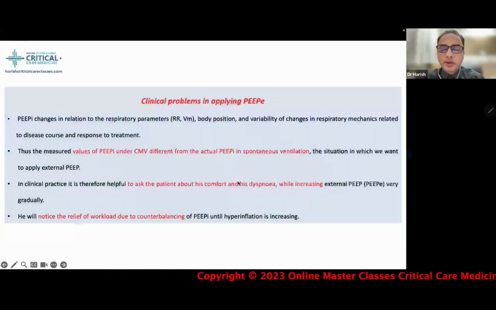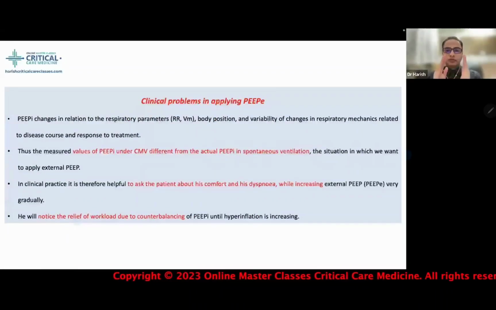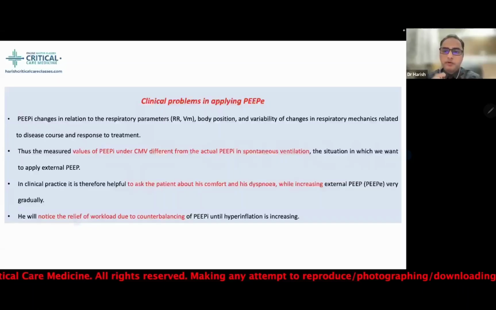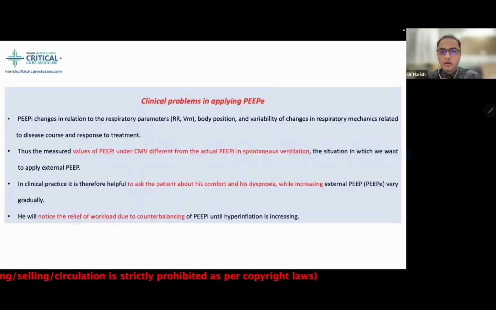See, that is a clinical problem in applying extrinsic PEEP. We are measuring the end expiratory hold and the auto PEEP, intrinsic PEEP, during controlled ventilation, when the patient is very well sedated or maybe paralyzed. But we are applying the extrinsic PEEP for the spontaneously breathing patient. So it is very difficult to quantify whether it is helping or not.